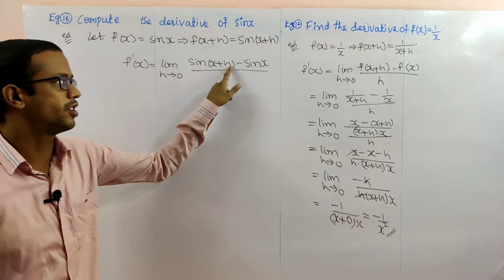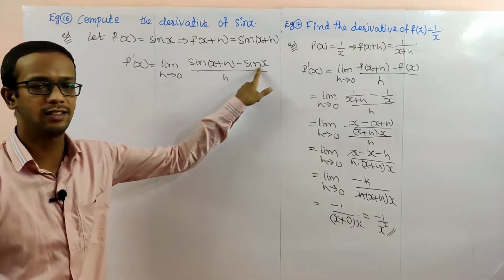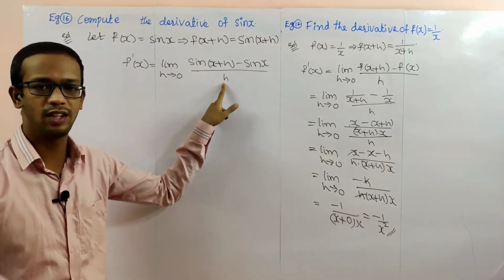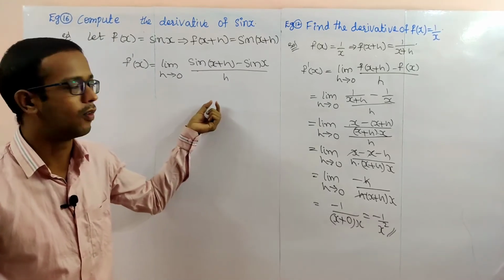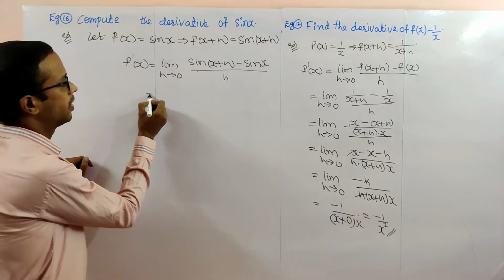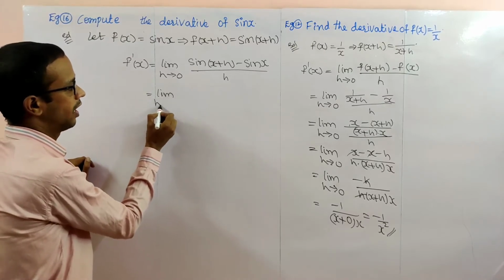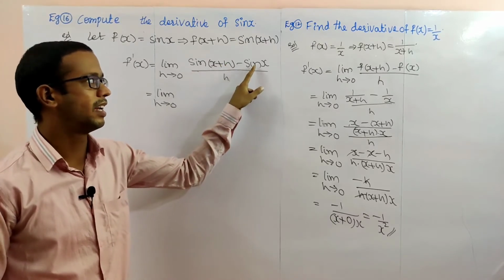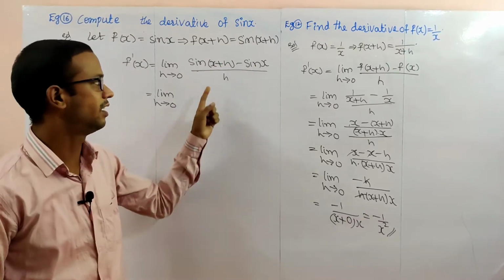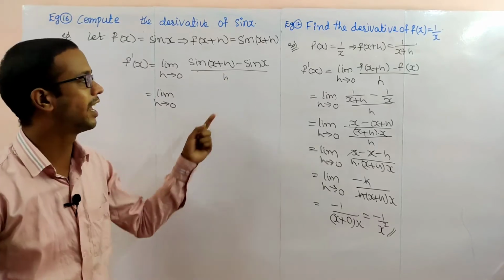If you substitute h equal to 0, sin x minus sin x, 0 by 0, indeterminate form. So that's why we have to simplify using the trigonometric formula, sin C minus sin D, or sin x minus sin y.